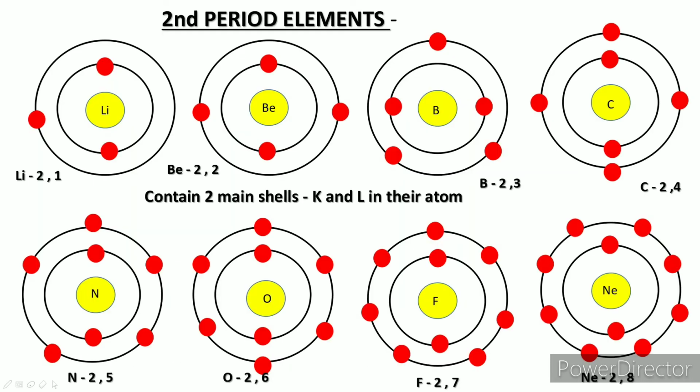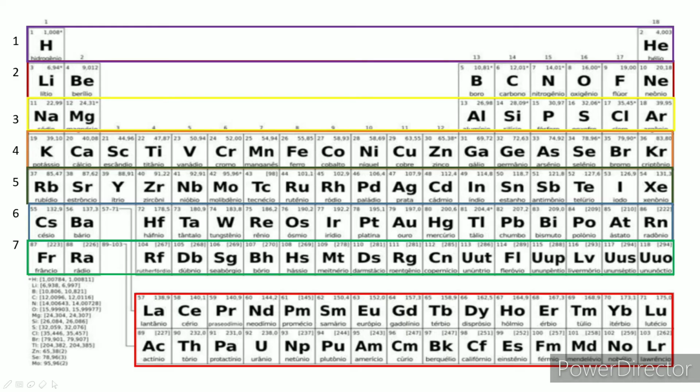In the second period, the elements are lithium, beryllium, boron, carbon, nitrogen, oxygen, fluorine, and neon. They contain two main shells, K and L, in their atom. The number of elements in a period depends on how electrons are filled into various shells.